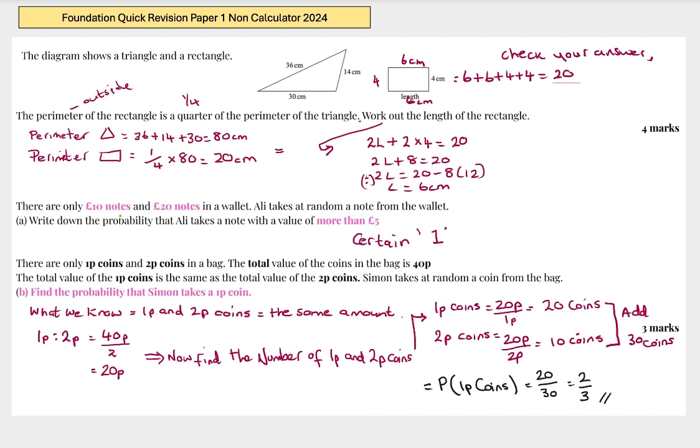So there are only £10 notes and £20 notes in a wallet. I've highlighted the key bits. Ali takes at random a note from the wallet. Random just means she's closed her eyes, opened the wallet, and took out whatever's in there. Write down the probability that Ali takes a note with a value, another key piece of information, more than £5. Well, we know 100% it's going to be more than £5 because she's only got the £10 note and the £20 note in there.